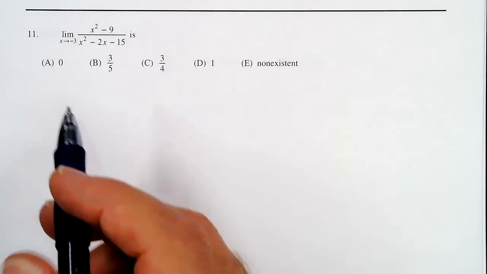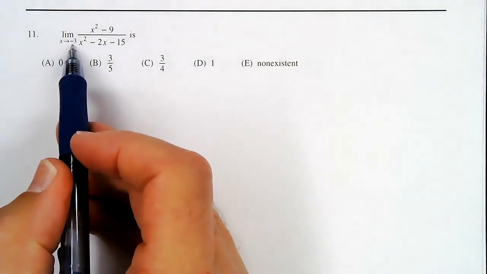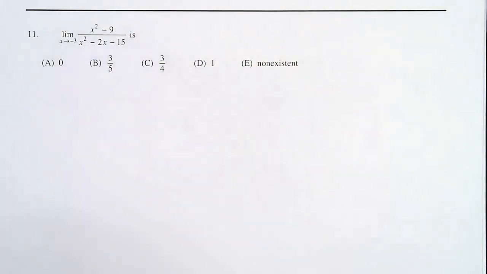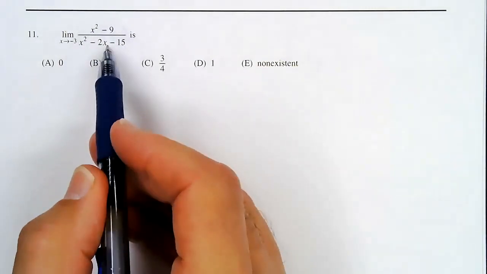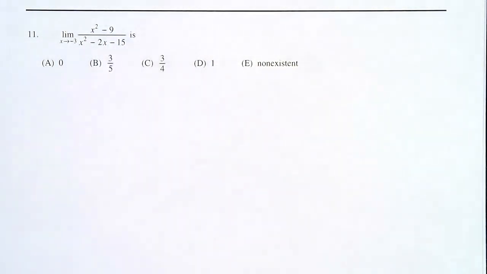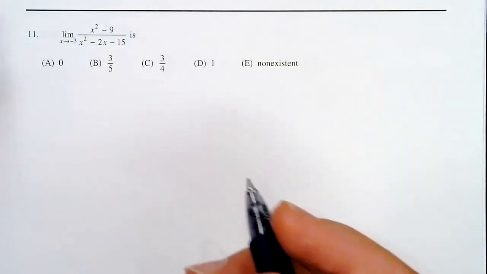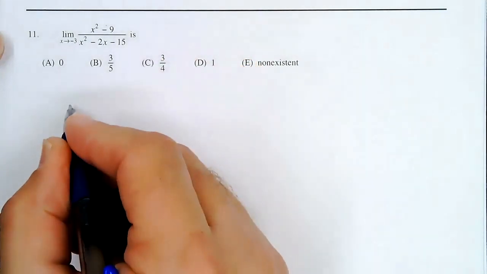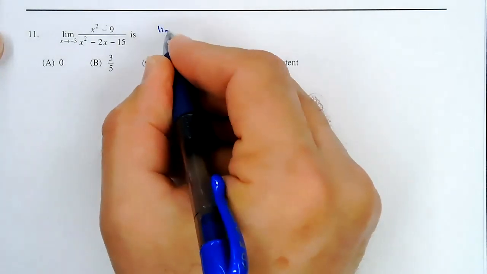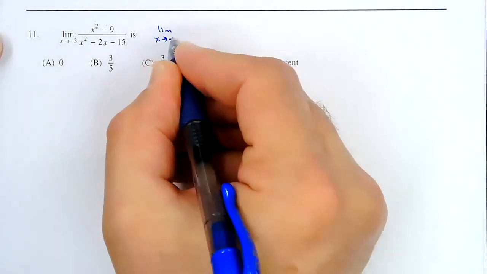So I'm looking at this problem, the limit as x approaches negative 3, and we should be thinking direct substitution, but I'm seeing possibly these two things I can factor. So I'm thinking we're not going to be able to do direct substitution, so I'm going to go right to factoring. So this is equal to the limit as x approaches negative 3.